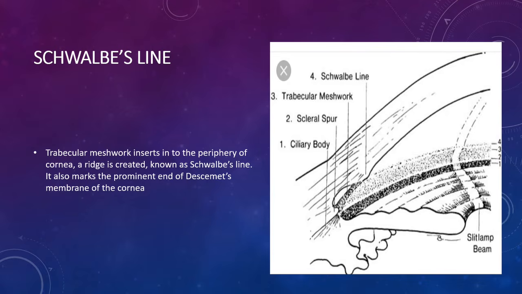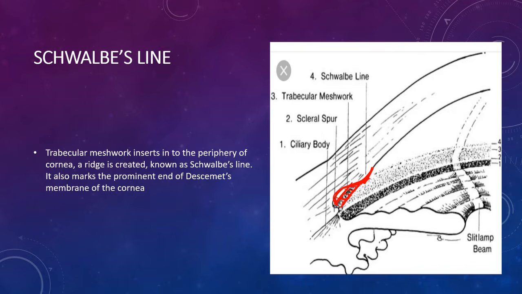As I told you, Schwalbe's line is nothing but the posterior ending of the Descemet's membrane, and the trabecular meshwork will start from where the Schwalbe's line ends. The trabecular meshwork inserts into the periphery of the cornea, at the scleral sulcus, and it also creates a ridge-like elevation.